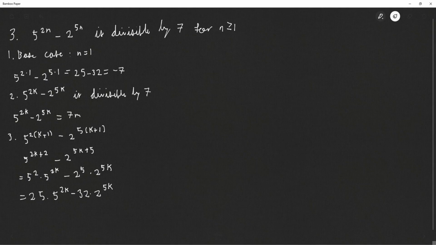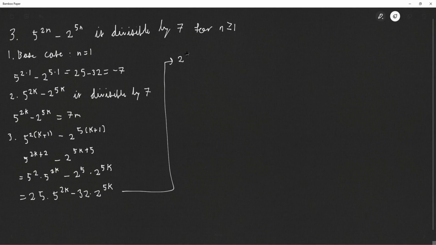And we want to bring in the expression 5 to the 2k minus 2 to the 5k from our hypothesis. So we add and subtract the same term. So I'll bring an arrow up again so we don't run out of space.